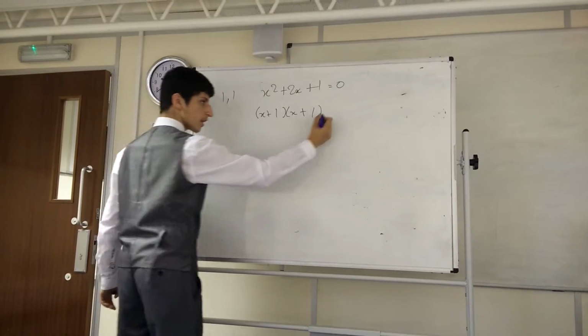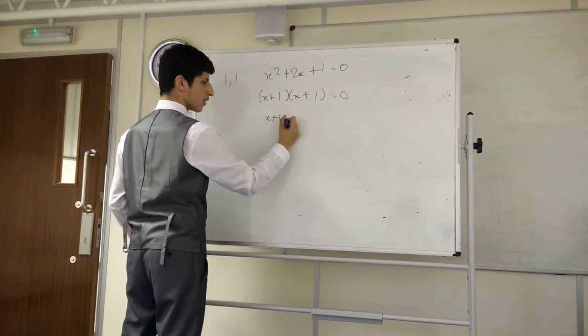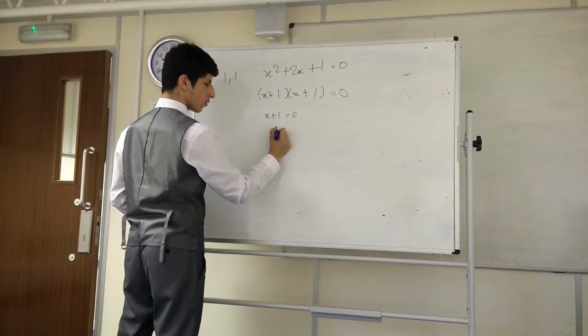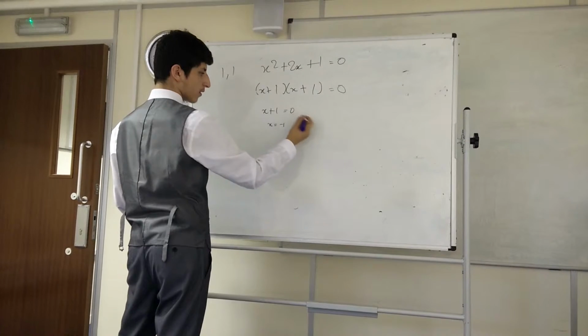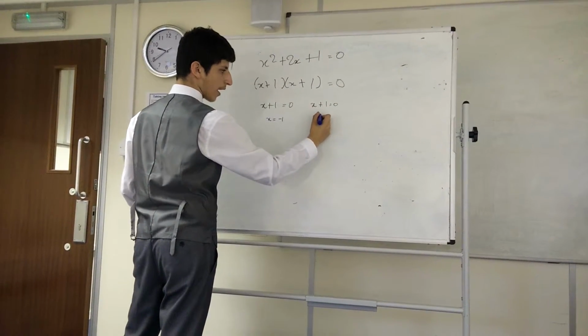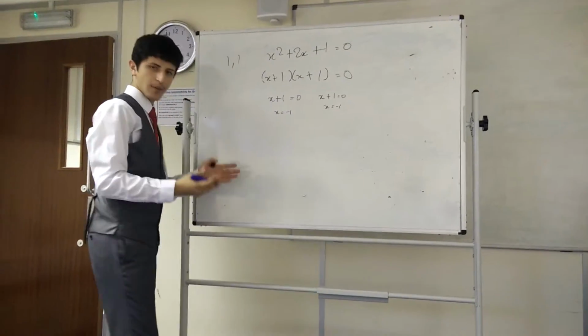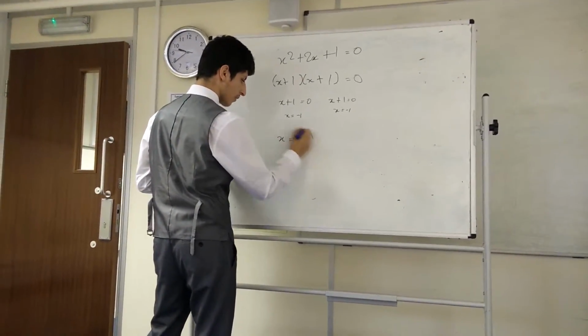Pretty easy. Equal to 0. If one of these is 0, x plus 1 equals 0, x equals minus 1. Likewise, if we put the other equal to 0, again it's going to be x plus 1 equals 0, x equals minus 1. Because they're both the same solution, we just write it as x equals minus 1.